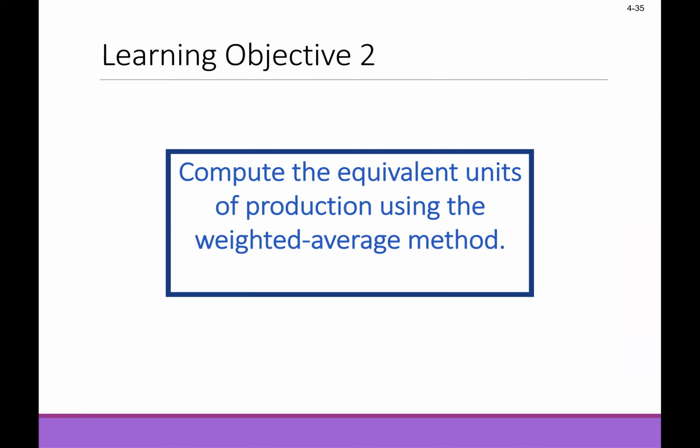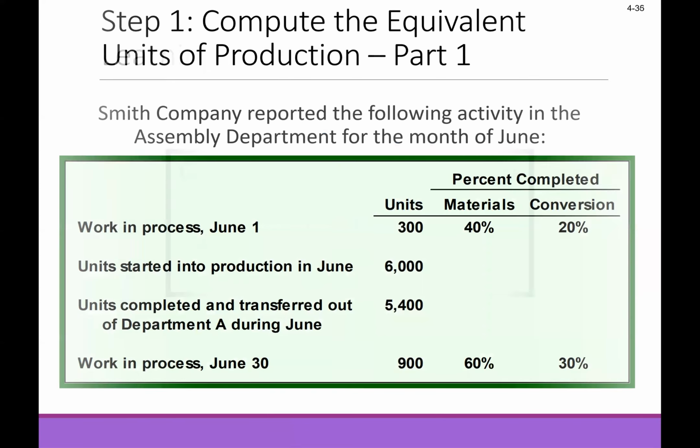Now, using the weighted average method, we'll compute the equivalent units. The weighted average method, remember, takes everything and doesn't assume any prices are different. We take the beginning, the ending, and what's been put in and come up with an average all around. Smith Company reported the following activity in the assembly department for the month of June.